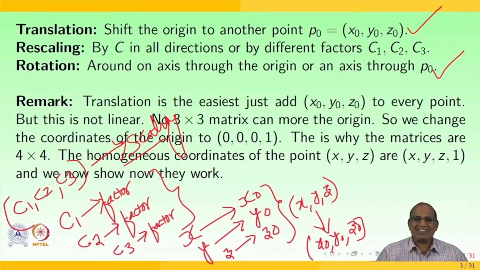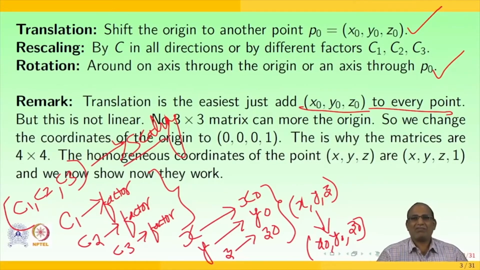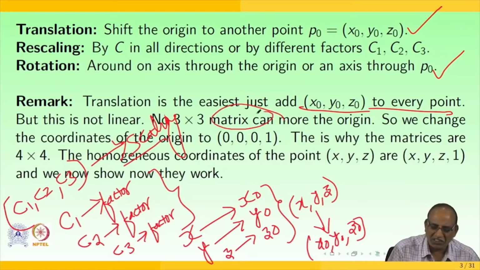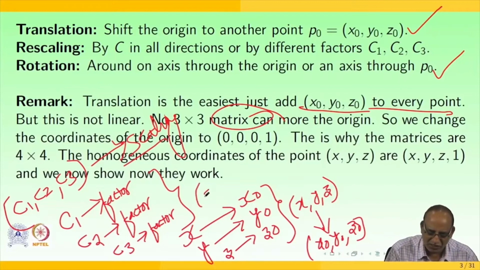Translation is the easiest. Just add x0, y0, z0 to every point, but this is not linear. No 3 by 3 matrix can move the origin. So we need to have some translation, so we need a coordinate system, that is 0, 0, 0, 1.